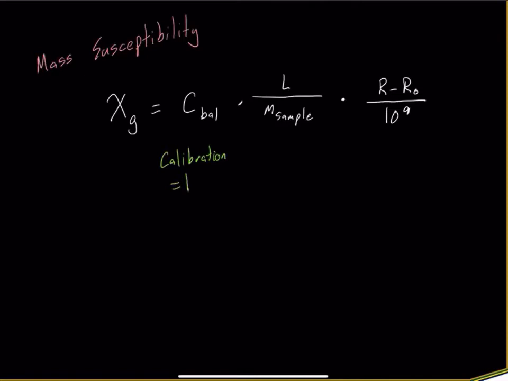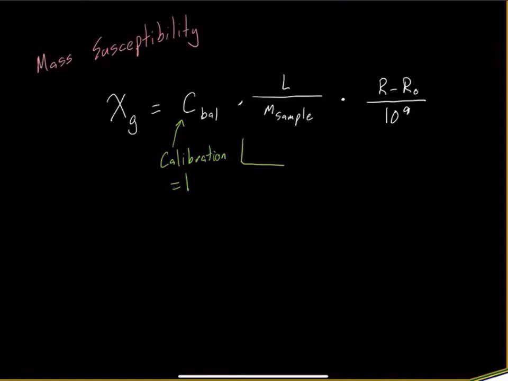If I were to disassemble the machine and rebuild it, I would probably go through the calibration to make sure that it worked out correctly. But for our purposes, it's going to be equal to 1. This is reminiscent of using Beer's law, where you had a path length that was always 1 centimeter. The path length in Beer's law was always really boring, but it's an important feature of the actual measurement that we have. So that's our calibration, this first step.